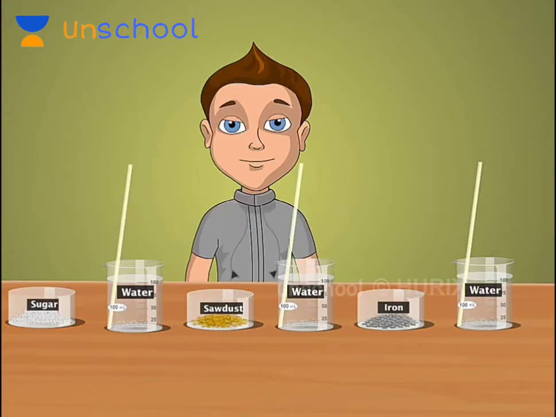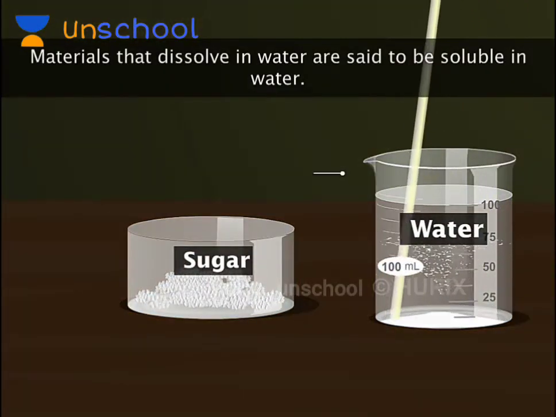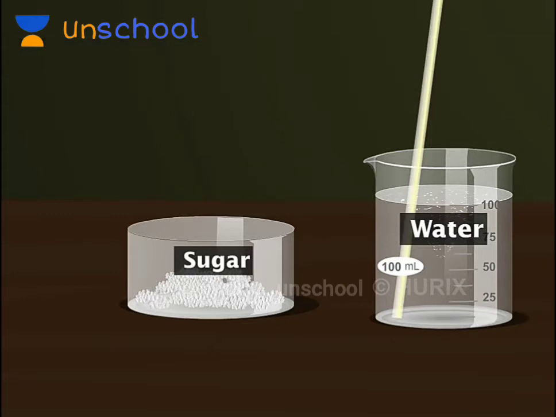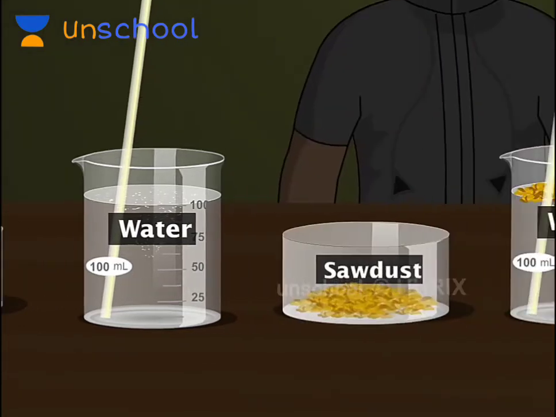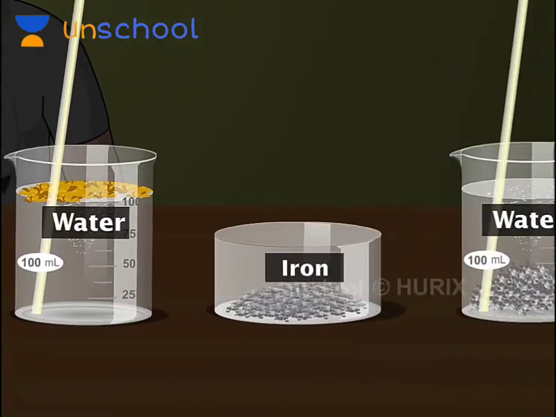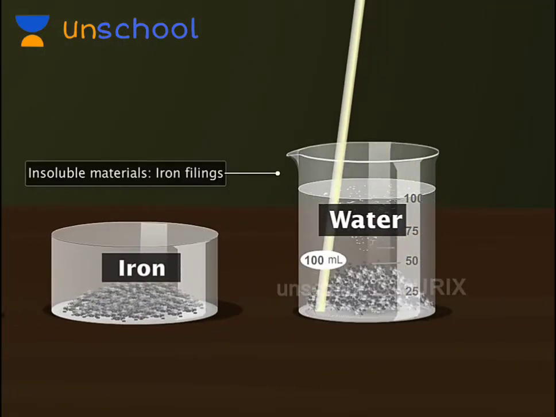Now, let's try mixing some materials with water. Sugar dissolves easily when mixed with water. Materials that dissolve in water are said to be soluble in water. However, materials such as sawdust and iron filings do not dissolve in water, however hard and long you stir.